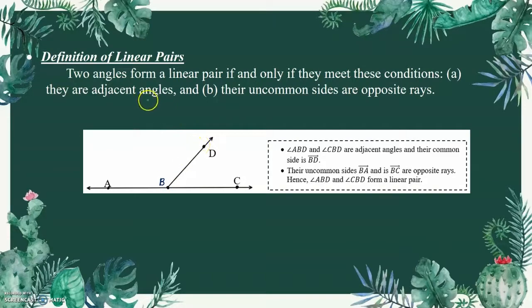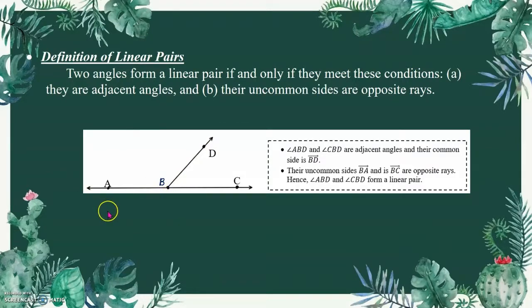Okay, so the first condition for a linear pair is met. Now, their uncommon sides should be opposite rays. Now, we can also see here that ray BA and ray BC are opposite rays. Alright, so meaning to say, the second condition for a linear pair is also met. So, angle ABD and angle CBD form a linear pair.